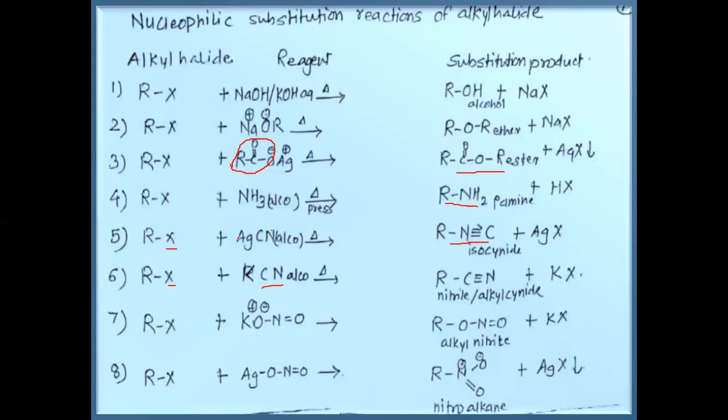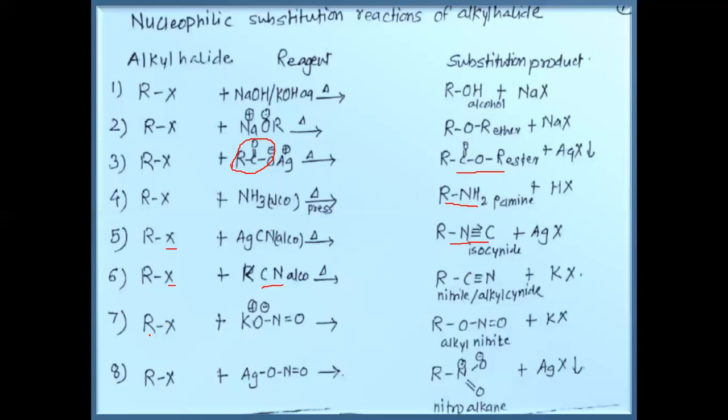So in presence of silver, nitrogen forms a bond with the alkyl carbon and isocyanide formation takes place. But when alkyl halide reacts with KCN, carbon forms a bond with the carbon of the alkyl group and cyanide formation takes place. About that, we will see after finishing this table. So this is alkyl isocyanide and this is alkyl cyanide.